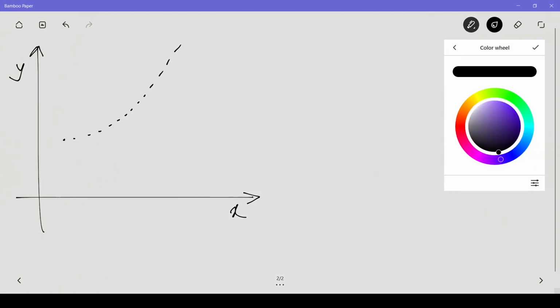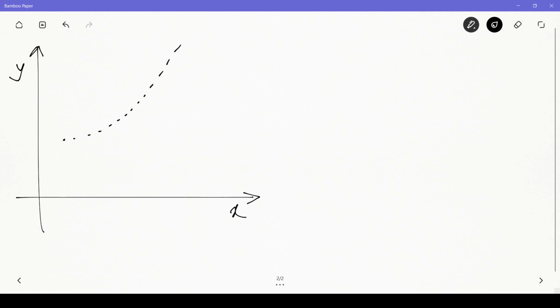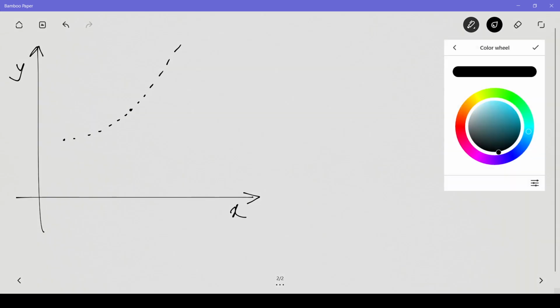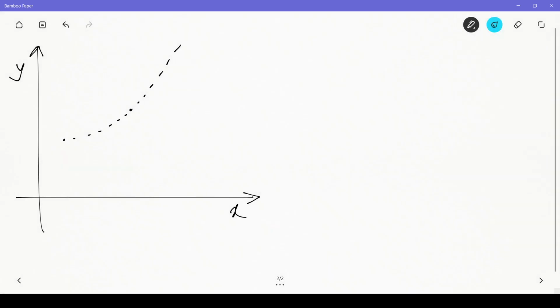Let us focus on three particular data points in order to discuss the main approaches. Let me change the color a bit. Let's say this point right here, we call it our ith point, the ith data point.